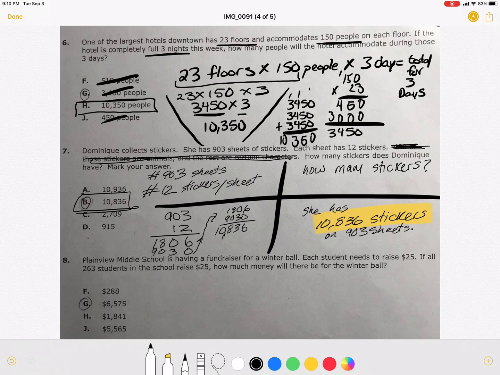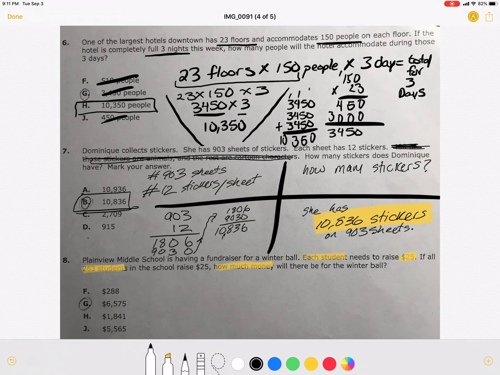Information that's important: each student needs to raise $25, 263 students. How much money?